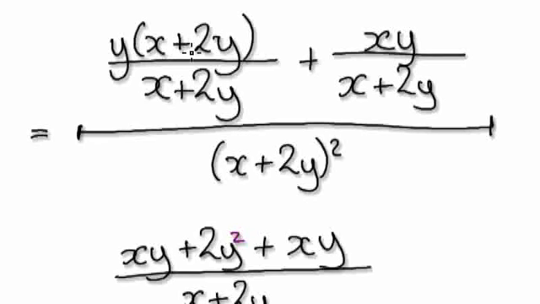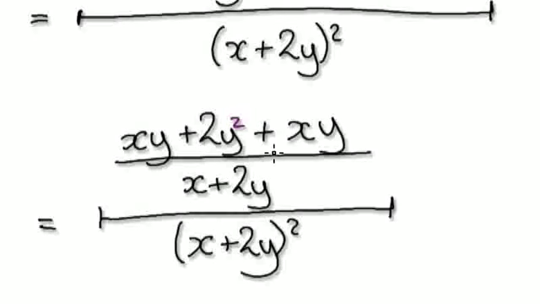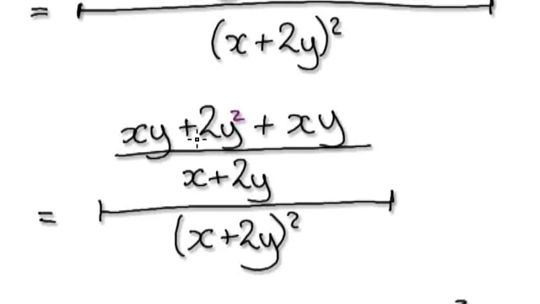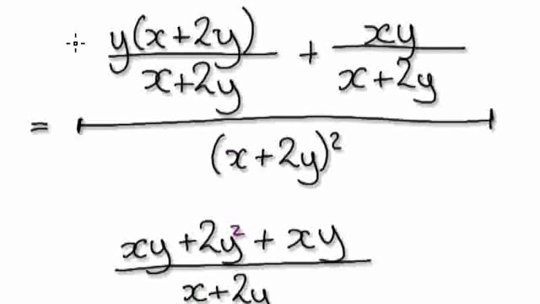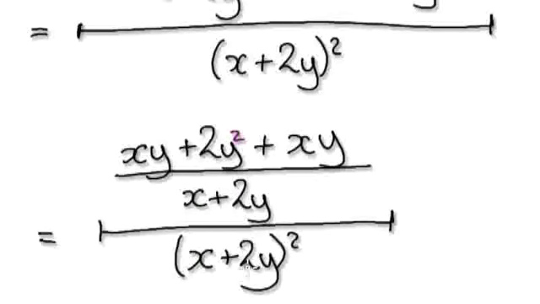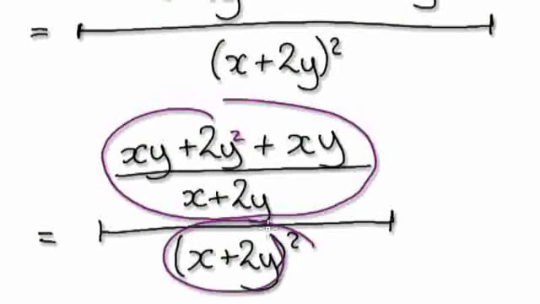Okay, and then plus this thing here. Yeah, so it should be y squared here. Let me double check, it's y squared. This times this here is 2y squared, and then now we've got this thing divided by this thing here.